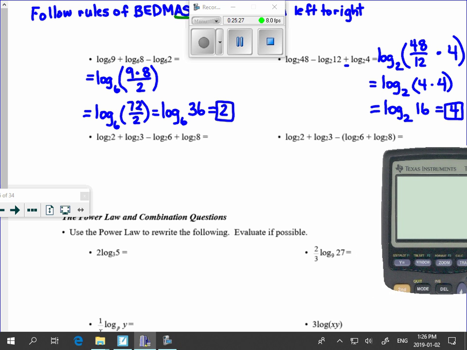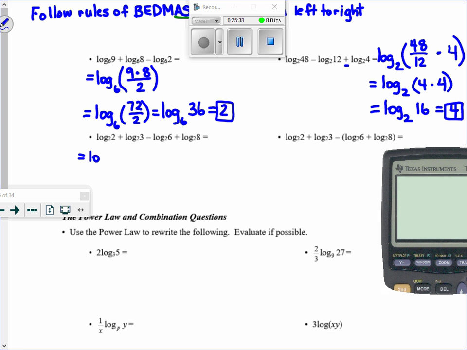Okay. Now I have 4 logs. They're all equal operations. I've got adding, subtracting, adding. Okay? So I'm just going to go in order from left to right. And they're all in base 2, so I can combine them all into one log. So this is 2 times 3. I'm going to be dividing by 6.